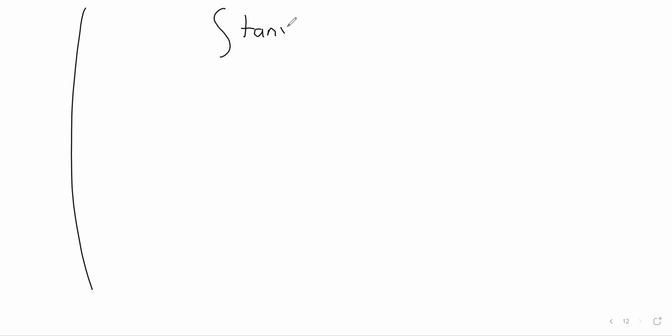On the exam, I asked you to integrate the tangent, and I sort of gave you a hint. Instead of just saying, here's the tangent, go at it, I pointed out that the tangent is the sine over the cosine. And most students recognize this as a U substitution problem.